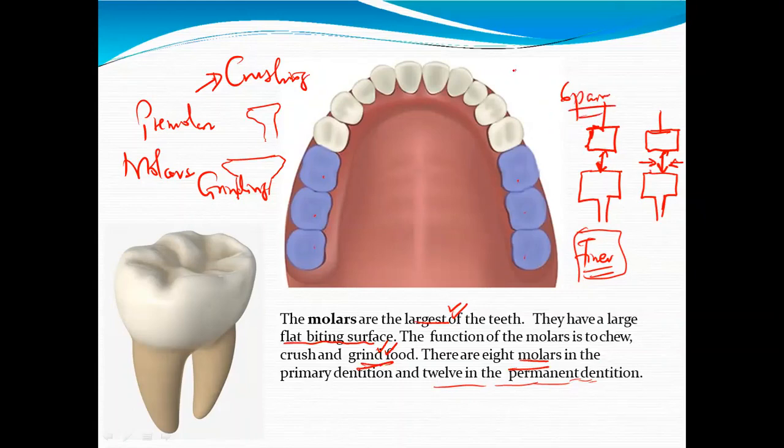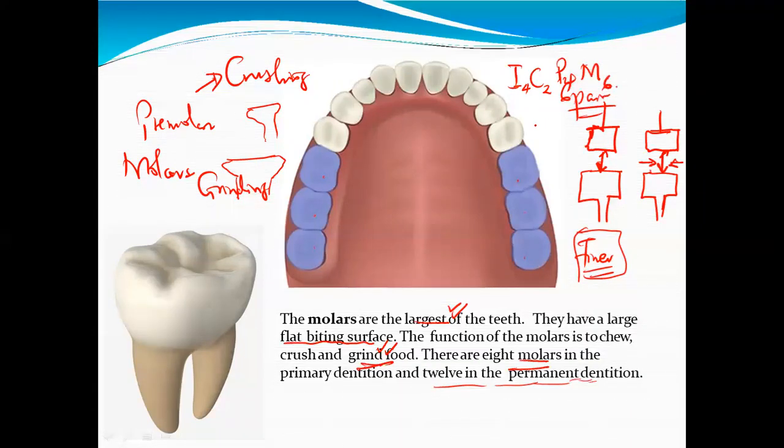So again, if we continue with the calculation, incisors we have 4 pairs. Canines we have 2 pairs. Premolars we have 4 pairs. Then molars we have 6 pairs.